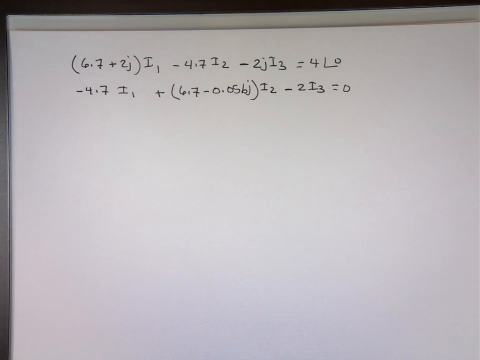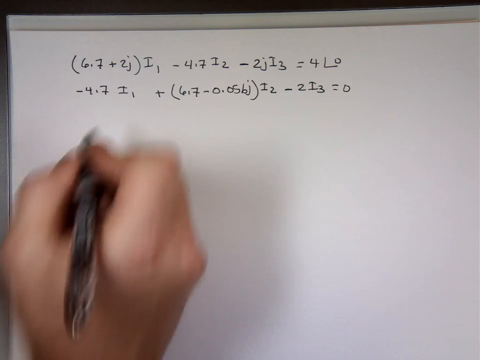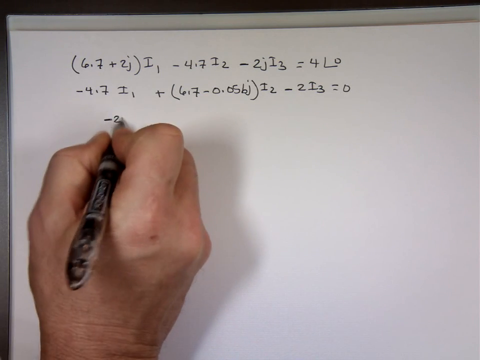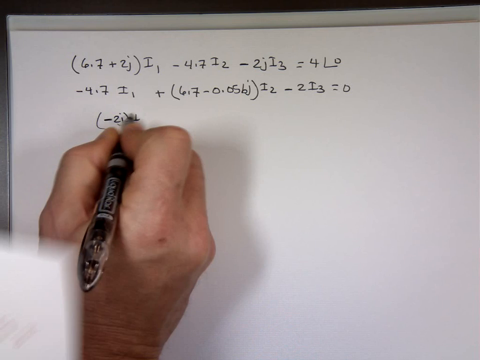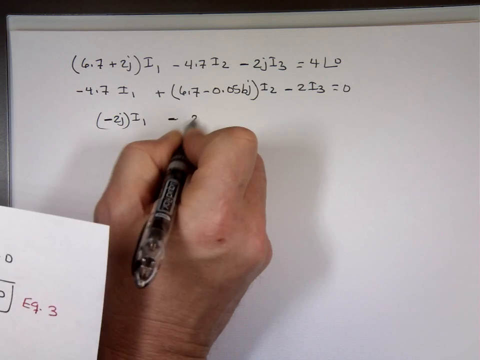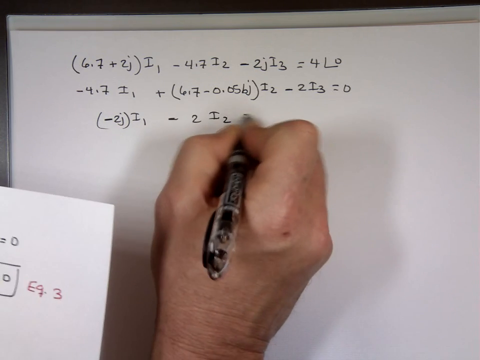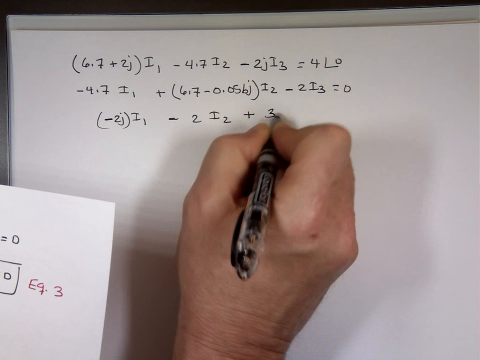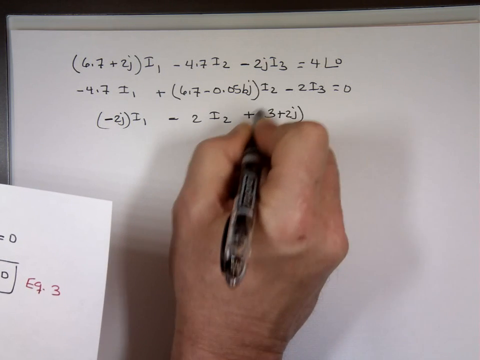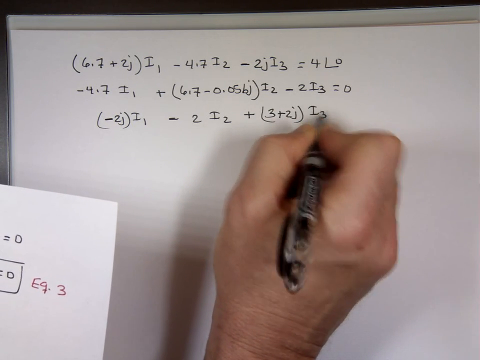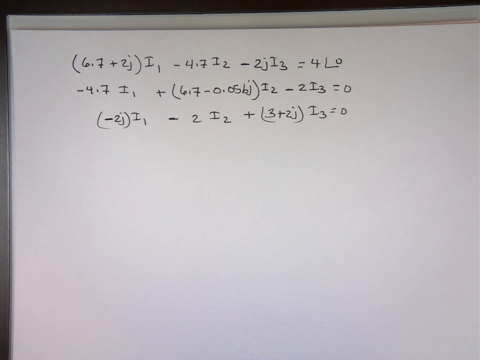And the last equation reads what? Negative 2j I sub 1 minus 2 I sub 2 plus 3 plus 2j I sub 3 is equal to 0. Now, circuit is done. I am done with circuit.